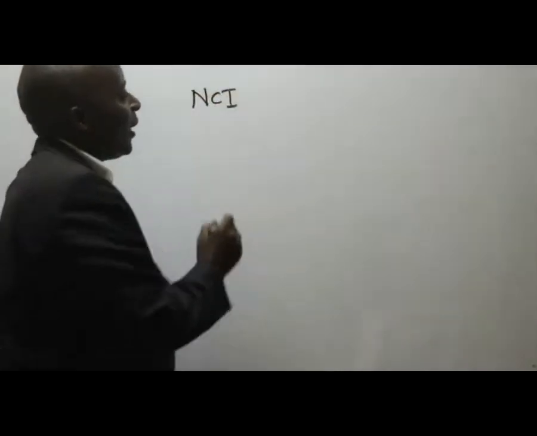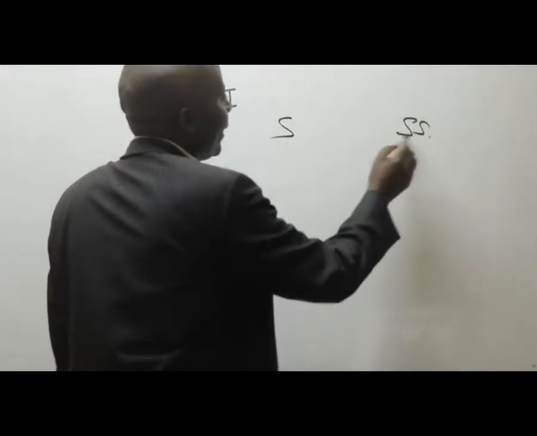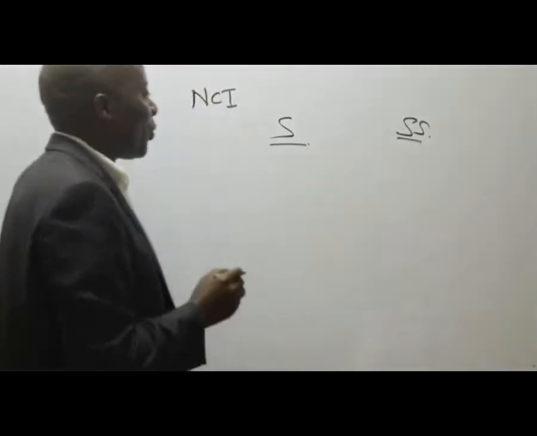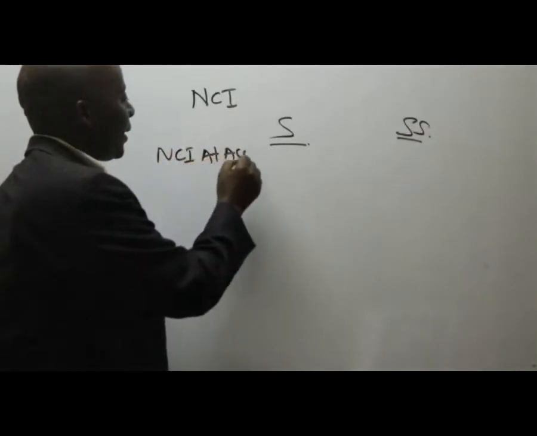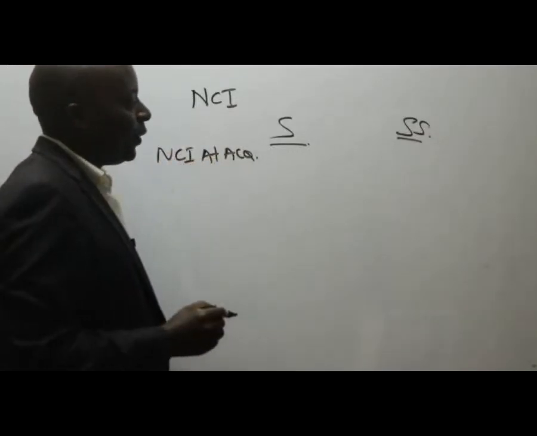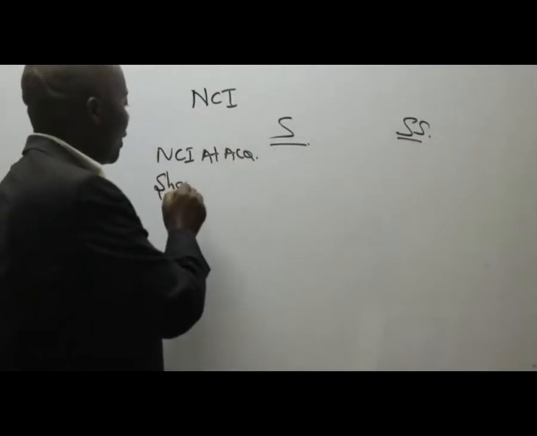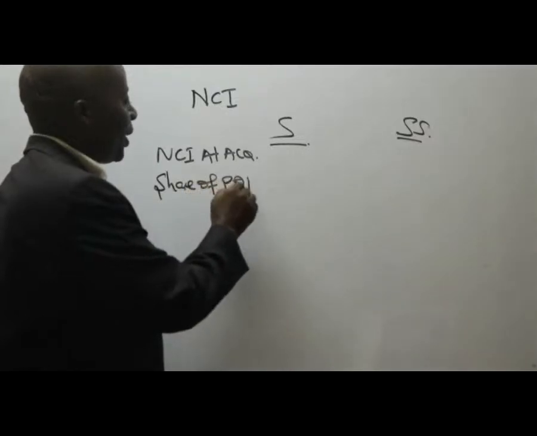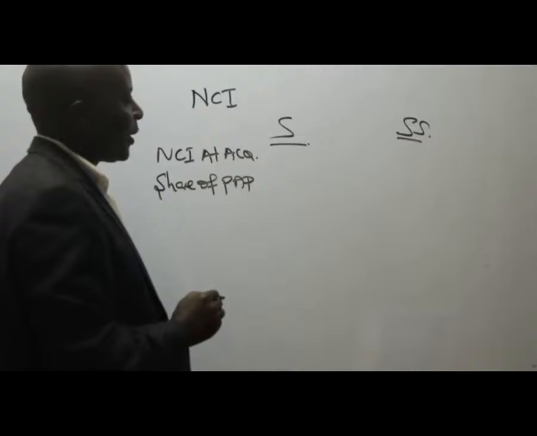So the NCI, you can combine them, NCI in S and NCI in SS. So we have NCI at acquisition, right? We have share of POPs of the NCI.